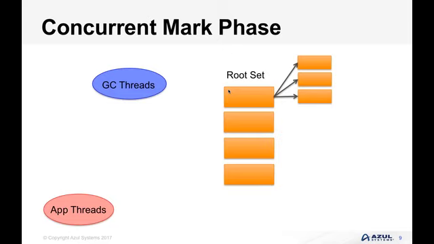Obviously, those objects are likely to have references to other objects. So you need to construct a graph of all the references from the root set to all the objects that are referenceable in order to determine exactly which objects are still being used and which objects can be reclaimed. So what the garbage collection threads will do is that they will start with that root set and they will mark a particular object as being used.